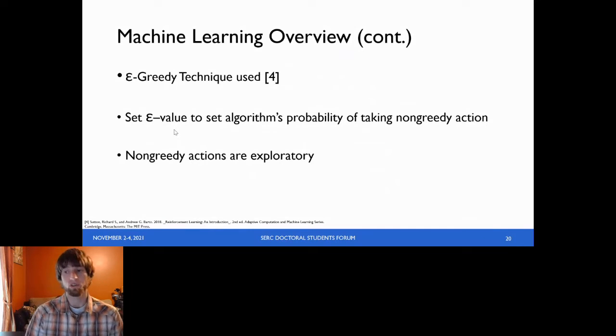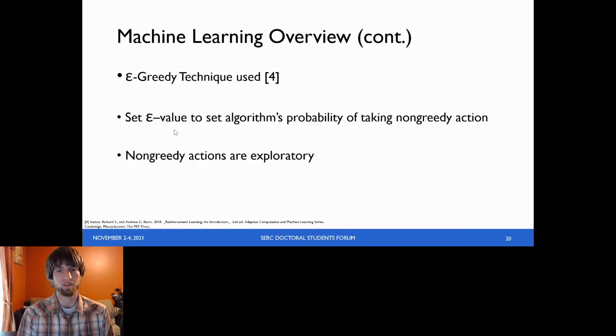In particular, we're using an epsilon-greedy reinforcement learning technique. In a greedy learning technique, the agent will always take the action that previously led to the greatest reward. By always choosing the best outcome, the player may choose not to explore other options, so they can get stuck on a local maximum. To overcome that, we use an epsilon value. The epsilon value is the probability that an agent will go explore other actions instead of taking the most previously rewarded action.